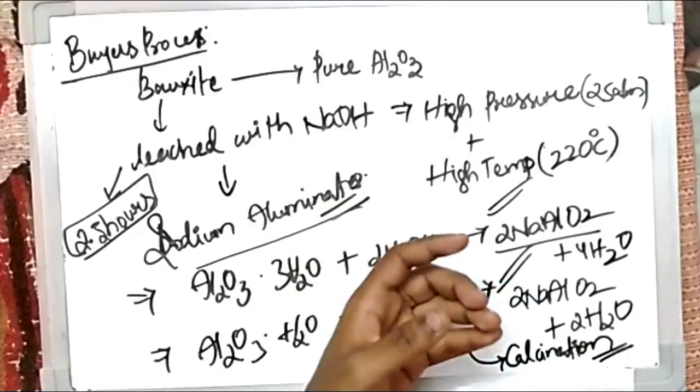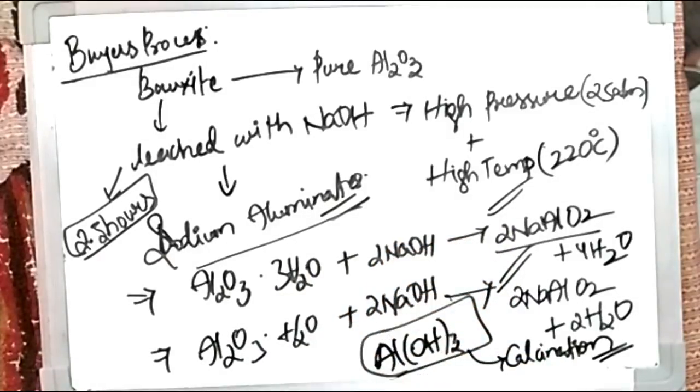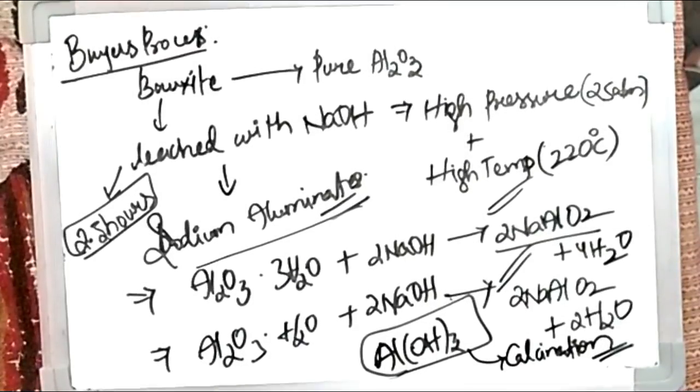This leach liquor is again allowed to precipitate, and on precipitation you will be getting Al(OH)3, means aluminum hydroxide crystals are obtained, and these are calcined. That means these are taken into calcination process in order to obtain pure anhydrous Al2O3. This is Bayer's process. Now we got a raw material.